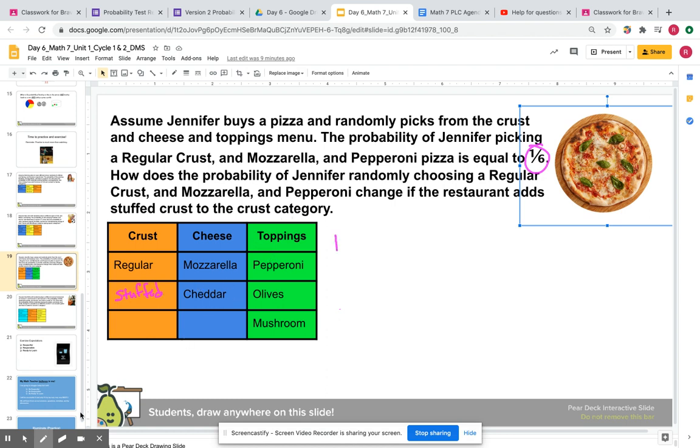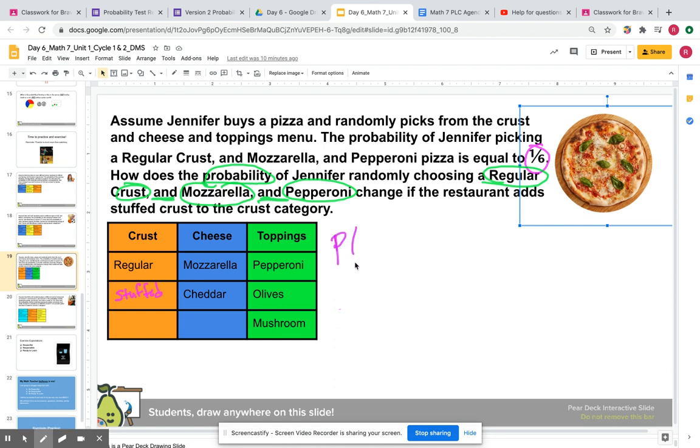So what the question is asking you to find now, and I hope you're able to identify it by now, is find the probability of regular crust and mozzarella and pepperoni. Okay, so that's the probability we're finding, and I'll go ahead and write it out as an equation right now.